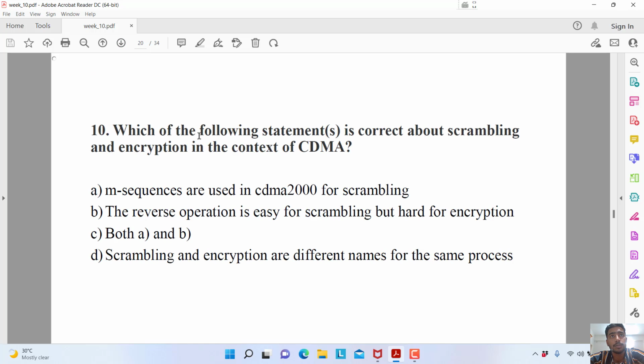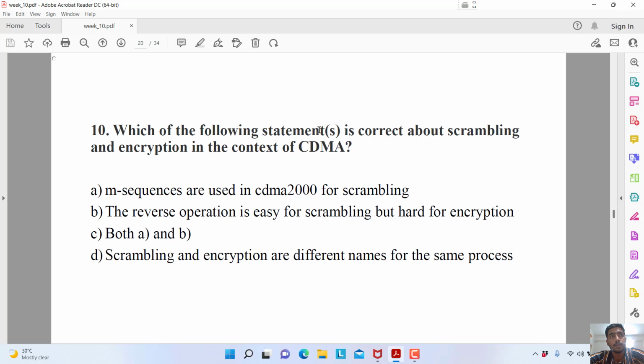Next: which of the following statements is correct for scrambling and encryption in the context of CDMA?